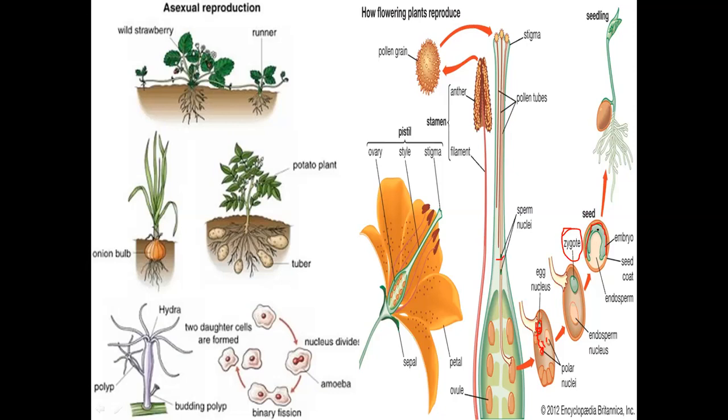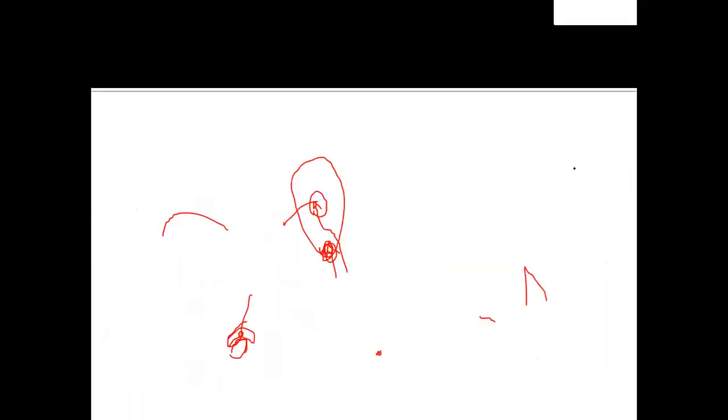Then it spreads all over, getting bigger and bigger to give nutrition to this embryo, and that is called endosperm. And this ovule which is present here later becomes a seed, and when we sow it in the ground, it makes a new plant or seedling.